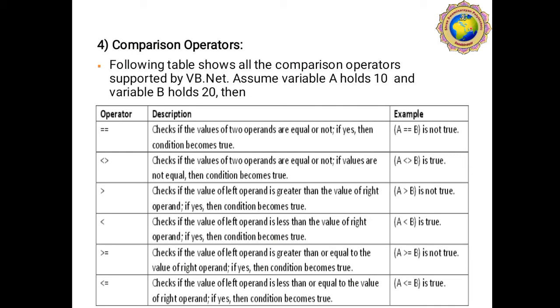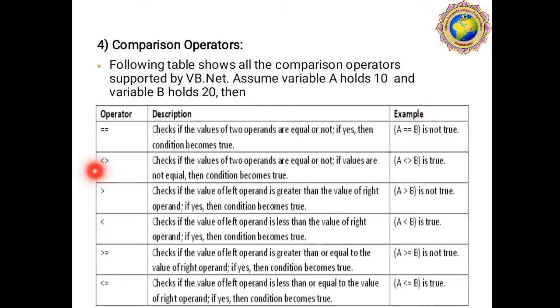Here A is 10 and B is 20. So 10 equal 20, is it true or false? Obviously this condition is not satisfied, so the comparison operator equal gives the answer not true.